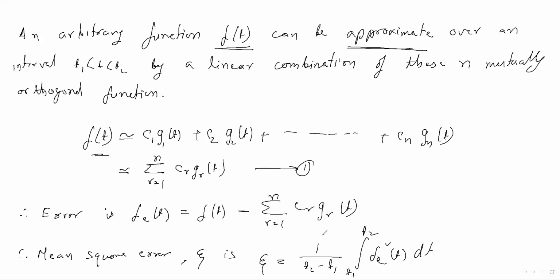So that is the third step. What will be the fourth step? The fourth step is we have to take differentiation. Before going to differentiation, just put in this error value.